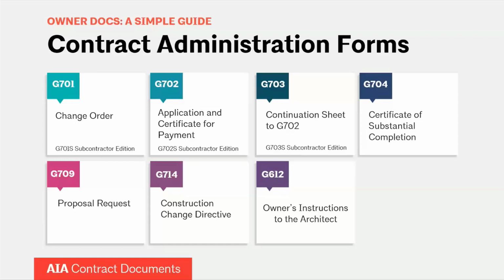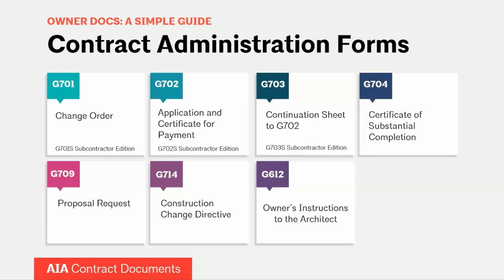Thank you, Sarah. So these are a few of our forms, certainly not all of them. We're not going over all of our documents today because we got over 200 of them. And so we have many, many forms, but just to briefly go over what these are, just starting with G701, that is a change order. That is to order a change of any type to a construction document. You can see there's a subcontractor version.